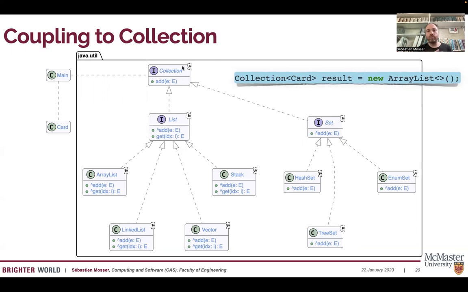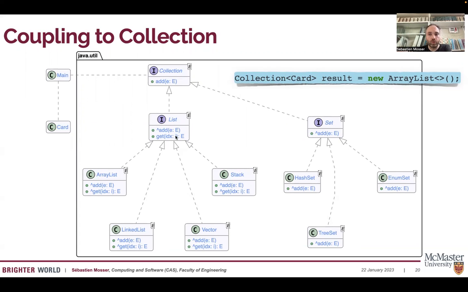I can still decide to move from an unordered data structure with no duplicates, which is a set, or I can go to a list, which is a sequence of ordered elements with a partial order existing among the elements. So by being too abstract, that gives me lots of possibilities, but maybe I'm losing semantics.